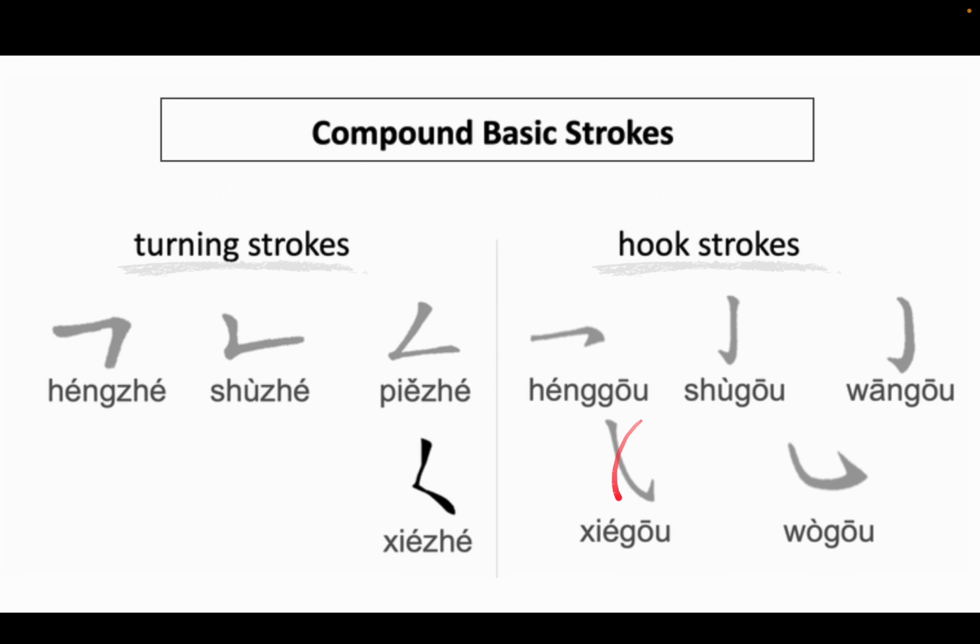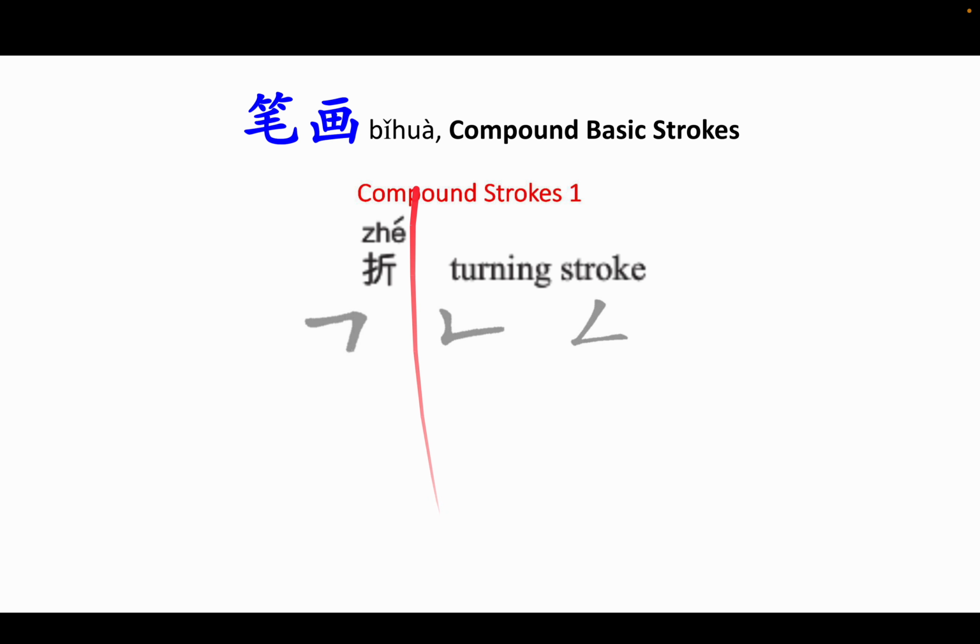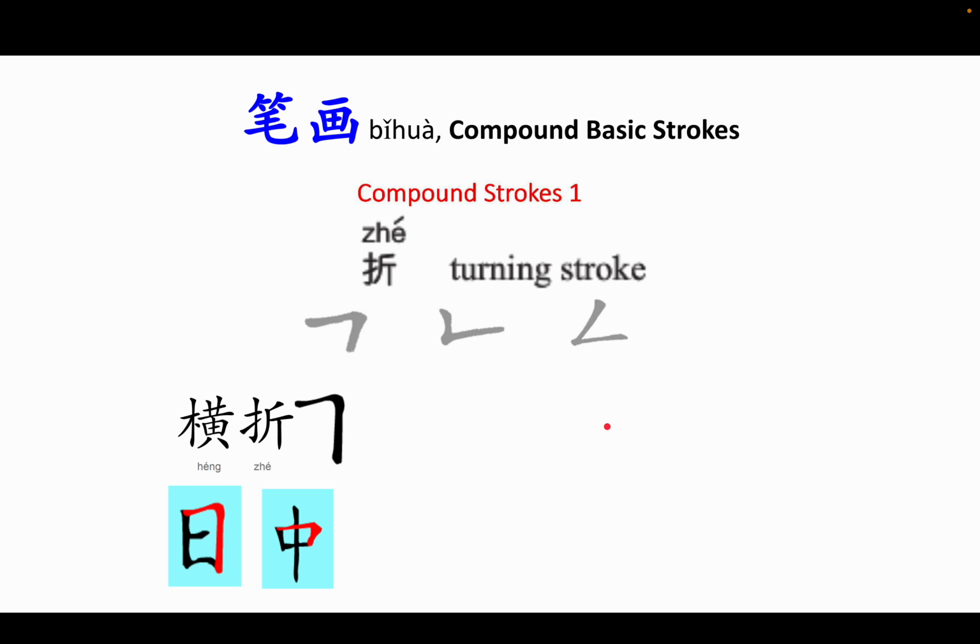All right, when we write those strokes with ink and brush, you can see those are the shape of each stroke. Again, turning stroke 折, so we have 横折、竖折、撇折 and 斜折.